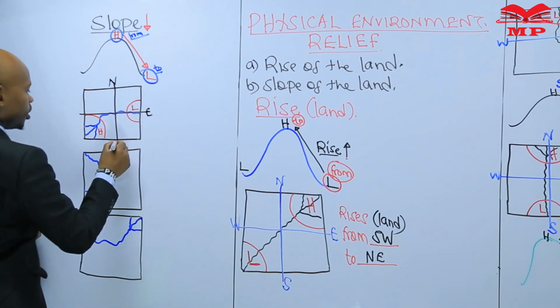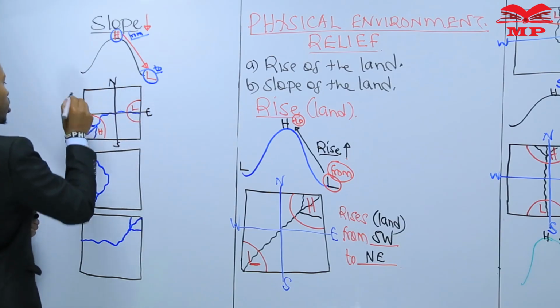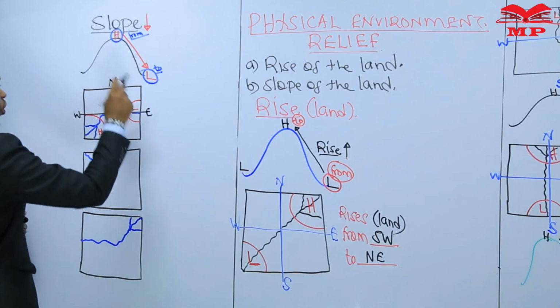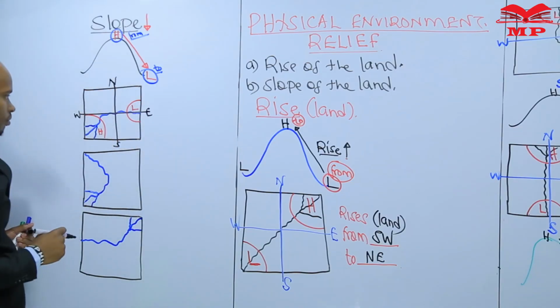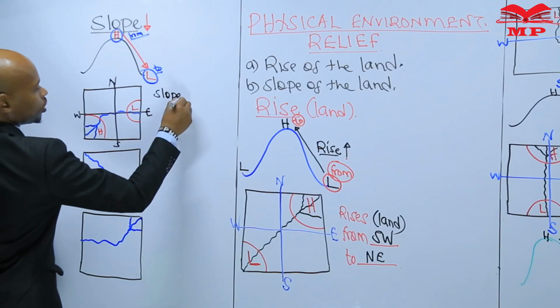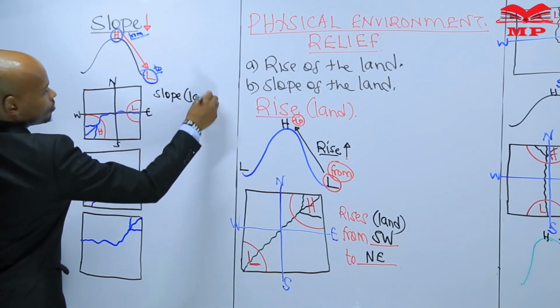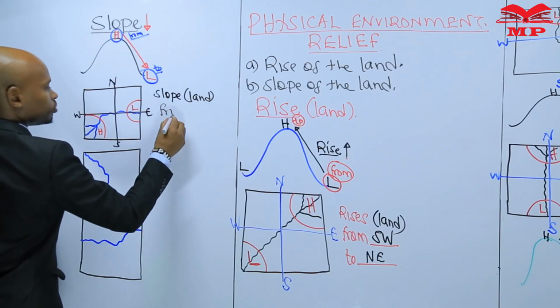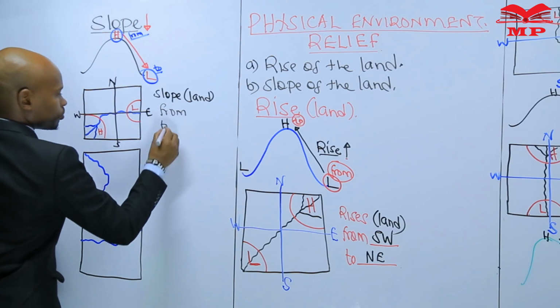Never, eat, sukuma, wiki. North, east, south, west. We are talking about slope, the sloping of the land. From, to.